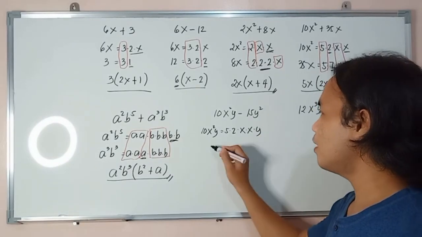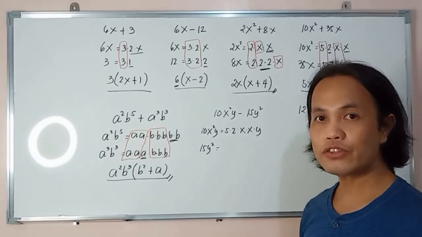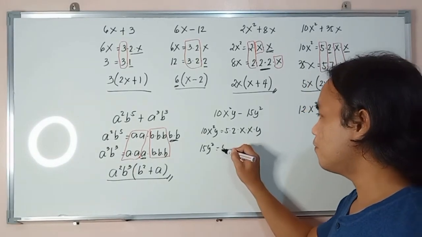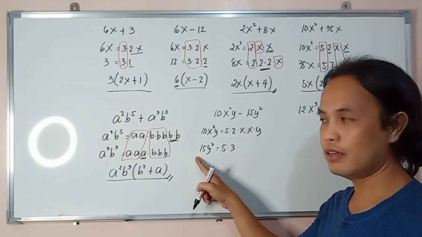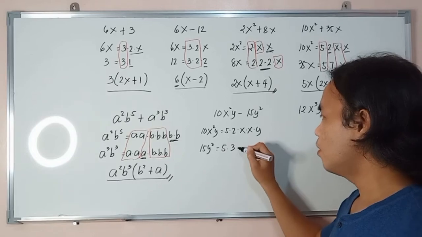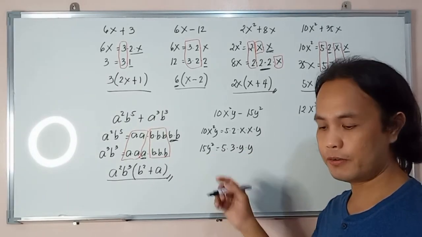For the second term, we have 15y squared. Prime factorization shall be 5 times 3. 5 times 3 is 15. Then we have y times y. Y times y, that is y squared.